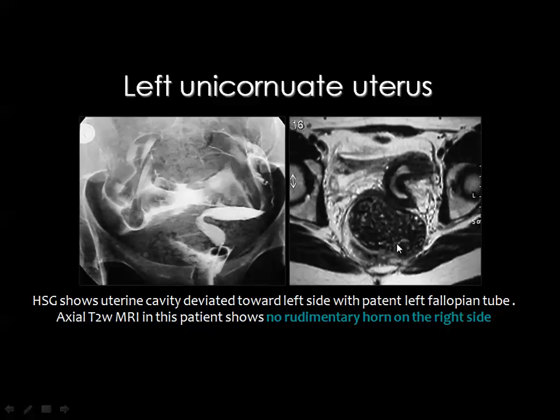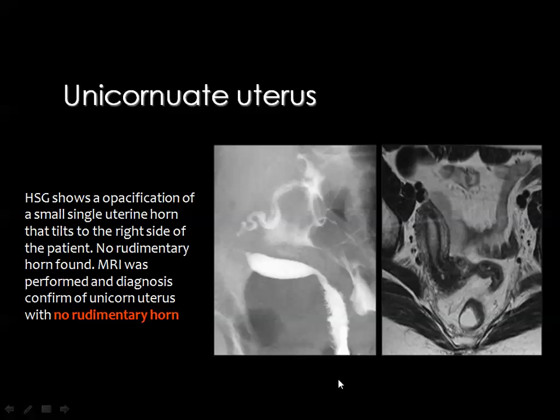This is the rectum, which is distended by fecal matter, and you cannot appreciate the presence of another rudimentary cornu. And this is the same case. Here you see single cornu by hysterosalpingography, and you see the cornu well demonstrated by MRI T2-weighted image with no rudimentary horn.